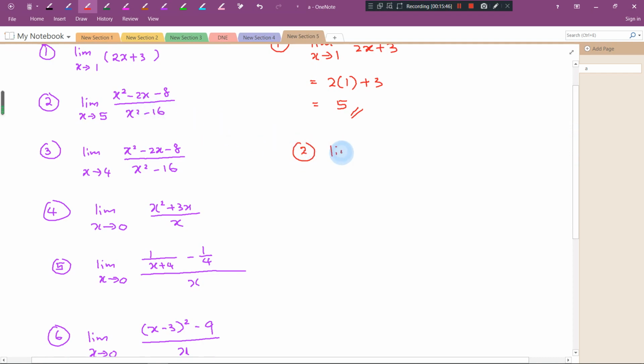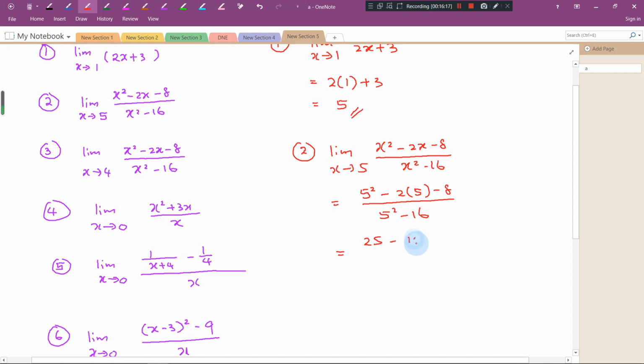Let me copy first. The limit of this function x squared minus 2x minus 8 over x squared minus 16 as x approaches 5. Same thing, we try direct substituting first. Plug the 5 inside. So I will get 5 squared minus 2 times 5 minus 8, over 5 squared minus 16. So this is 25, so this is 10.